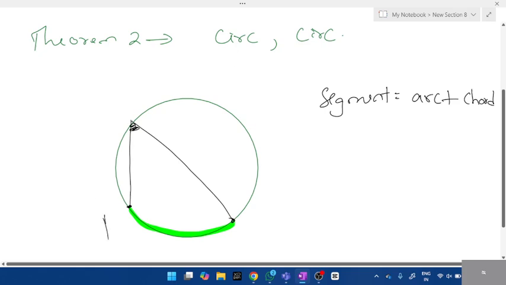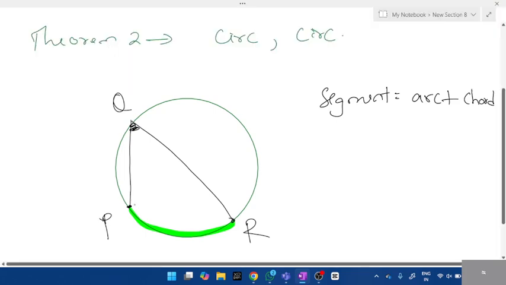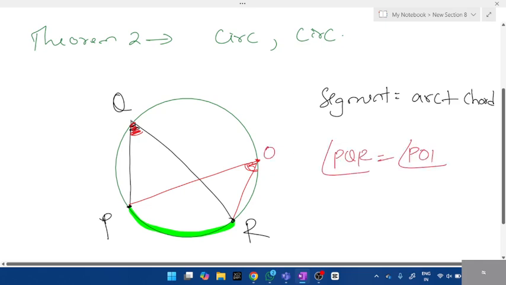So I'll name it as P, Q, R. And on the same arc, I'll draw another chord like this, another segment. You can remember it as segment and segment, two segments. These two angles will be equal. Angle PQR is equal to angle POR.